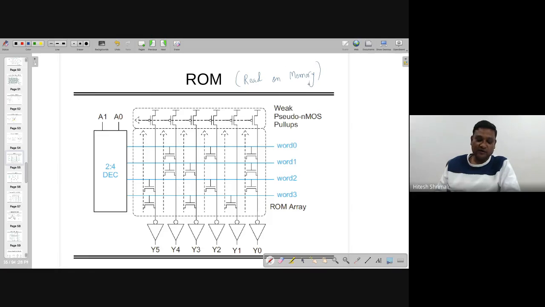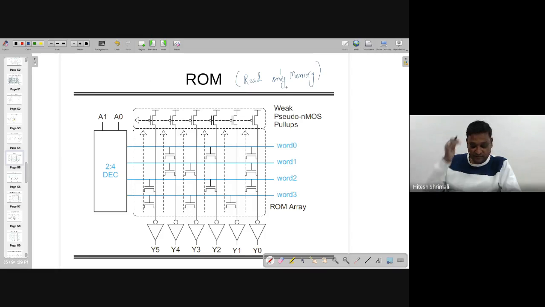The difference between ROM and RAM is that with read-only memory, you can only read the memory, right? And even if your power is down, the data remains there. It does not get destroyed.